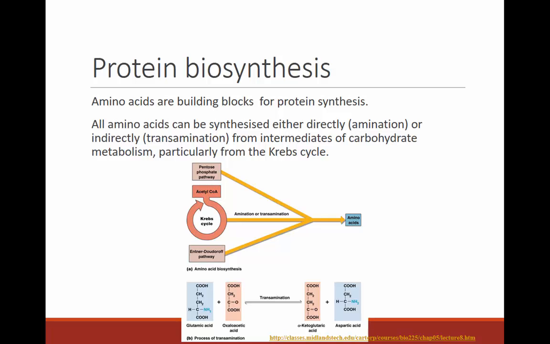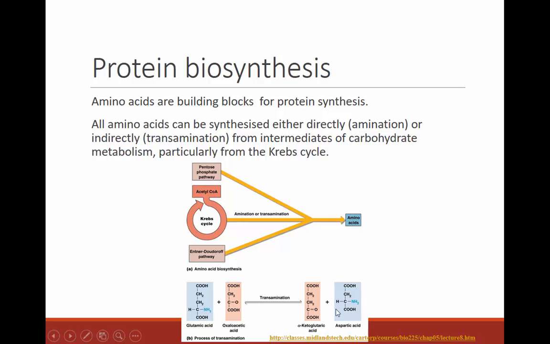Okay, and that can lead to disease states. So you can get them from a couple of different pathways, and with amination, so adding an amino group or taking away an amino group or changing it around, then you can get the production of amino acids.